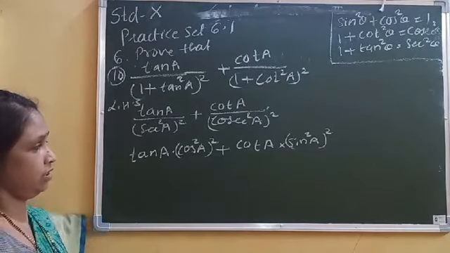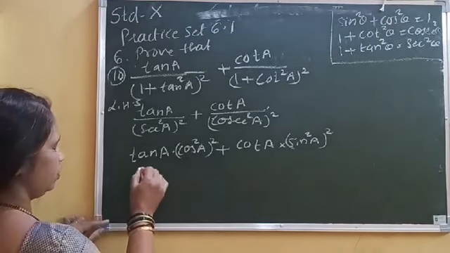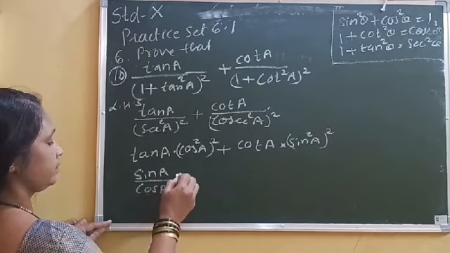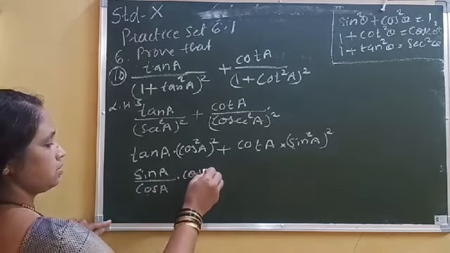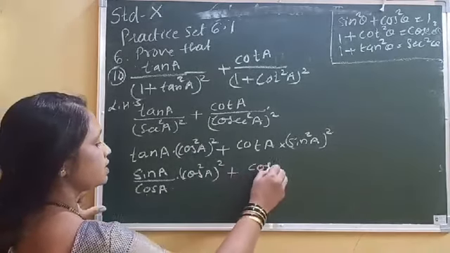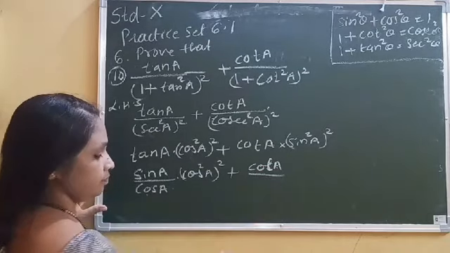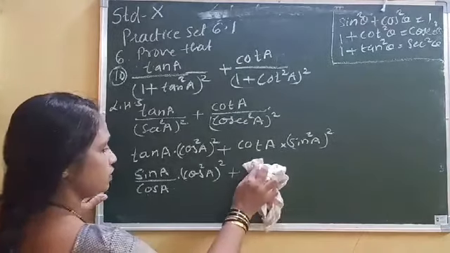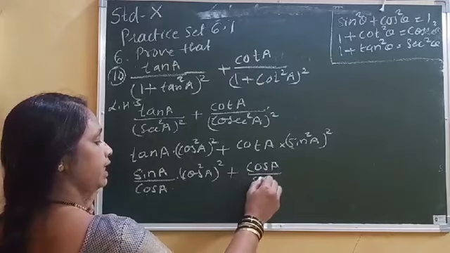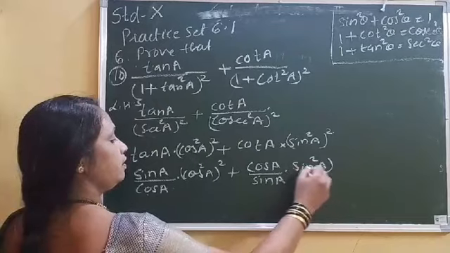Okay, now this we will write in terms of sin and cos. So it will be what? Sin A upon cos A, and this cos square A raised to 2, plus cos A upon sin A into sin square A raised to 2.